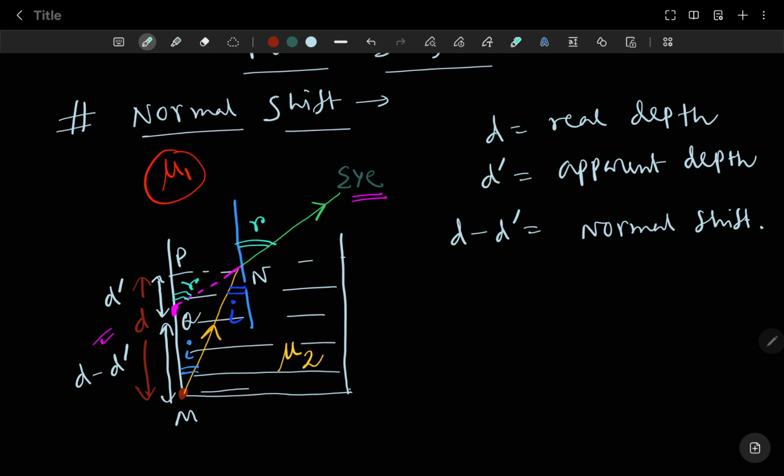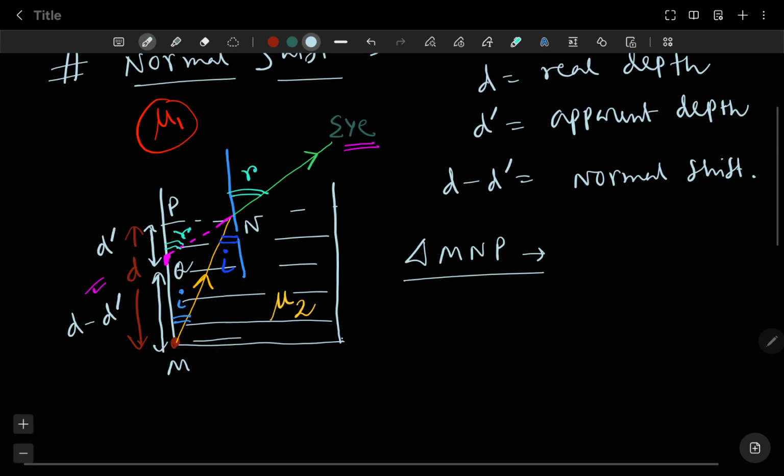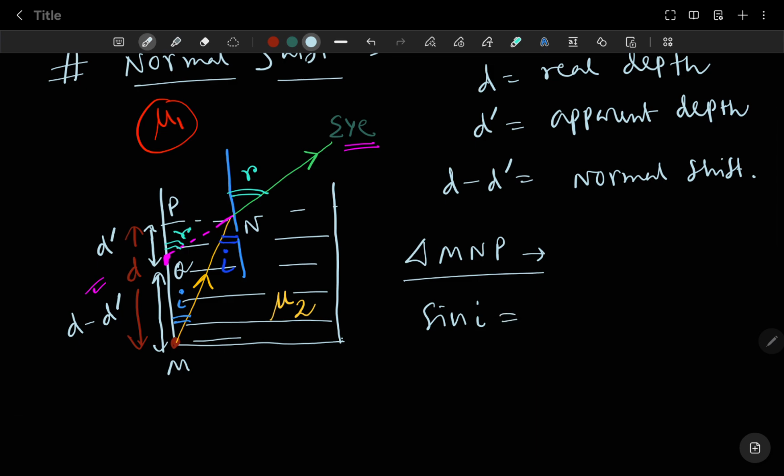Okay, so from triangle MNP, what we can write, sine I is NP by MN. Okay, sine I.